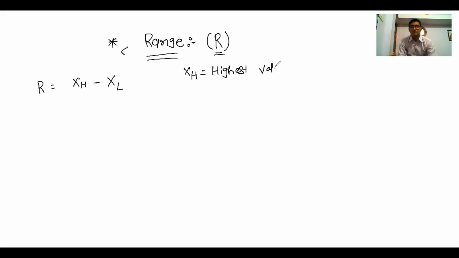Now the first topic is range. It is a measure of dispersion, and range in a mathematical equation is called R. The formula for R is XH minus XL, where XH stands for the highest value and XL stands for the lowest value.